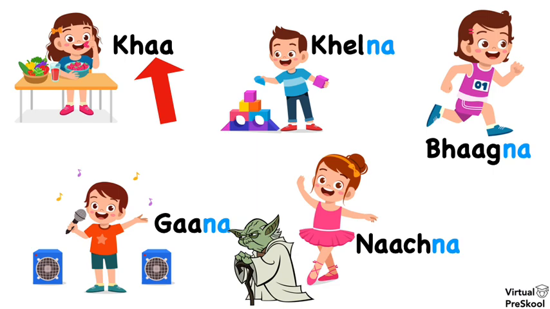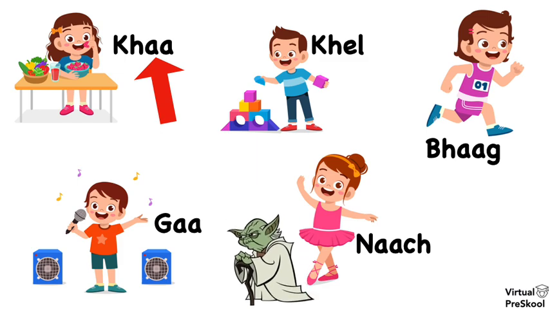Let's look at the next one. Khelna means to play. When we chop off the na, we're left with khel. Bhagna means to run, and it becomes bhag. Gaana means to sing, and it becomes ga. Nachna means to dance, and it becomes nach.